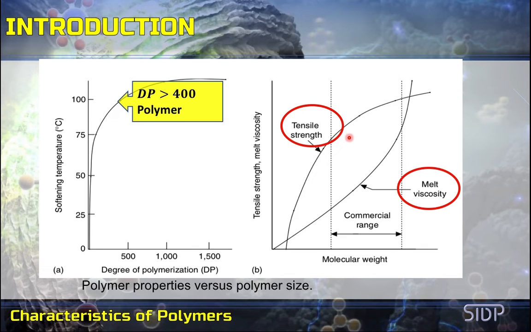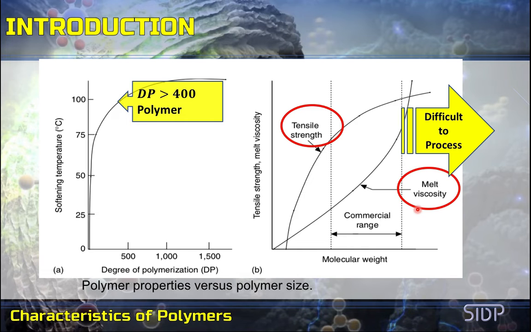Polymers with very high molecular weights have superior mechanical properties but are difficult to process and fabricate due to their high melt viscosity. The range of molecular weights chosen for commercial polymers represents a compromise between maximum properties and processability.